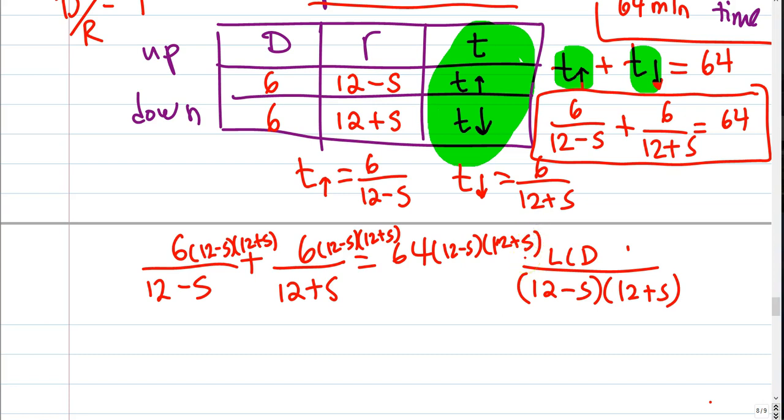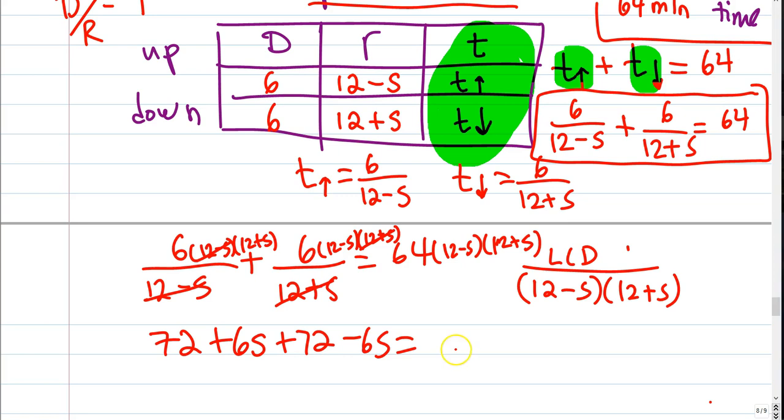First two aren't bad. The first one, the 12 minus s's cancel, leaving me with 6 times 12 is 72, plus 6s. Second one, the 12 plus s's cancel, leaving me with 72, minus 6s. The one on the right sucks, because I got 64 times a whole mess.